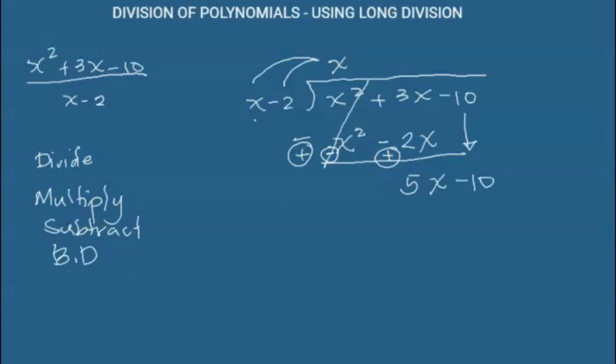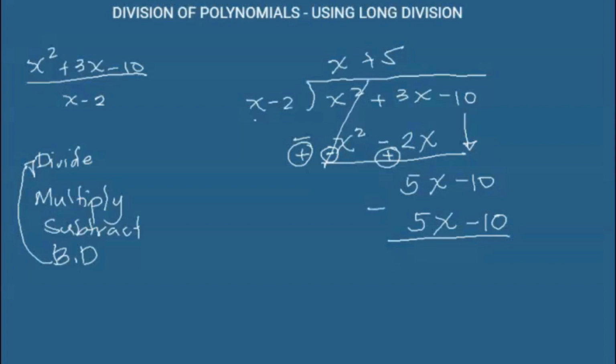After you bring down, you go back to the first step, which is division. Our 5x divided by x is positive 5, and then multiply. 5 times x is 5x, 5 times negative 2 is negative 10.